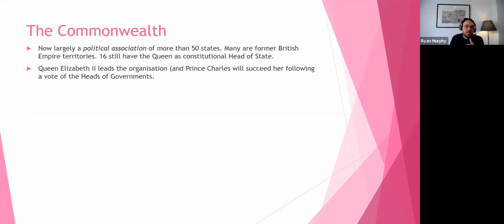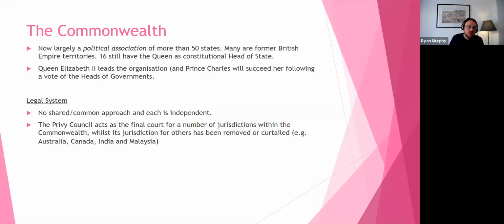Now, this is not a hereditary position. This is the leading of the political association. There is no shared legal system between the Commonwealth of Nations and the United Kingdom. There has been a break. Each is an independent sovereign nation of their own.